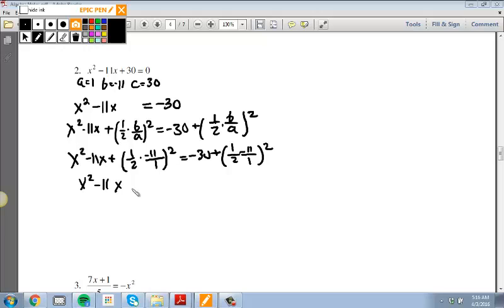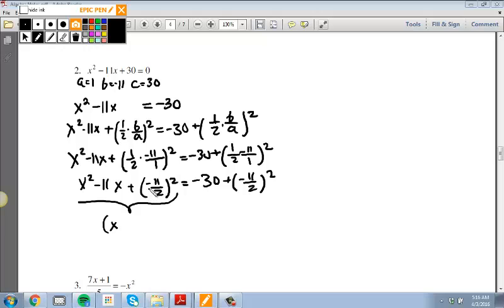So now I have x squared minus 11x plus negative 11 over 2, squared, equals negative 30 plus negative 11 over 2, squared. Now I'm going to use a little shortcut to not have to deal with this fraction and just tell you that whatever number is here is the number that you use to factor.